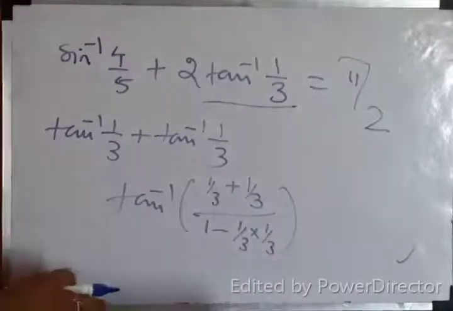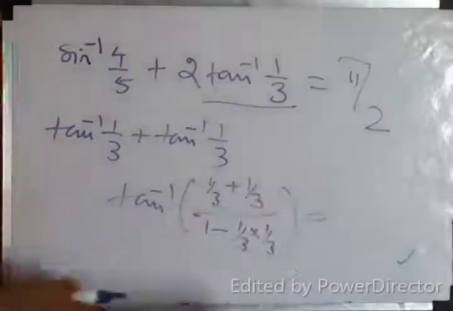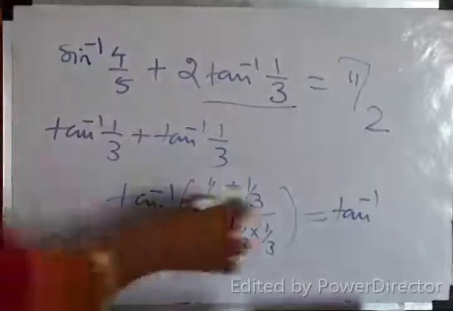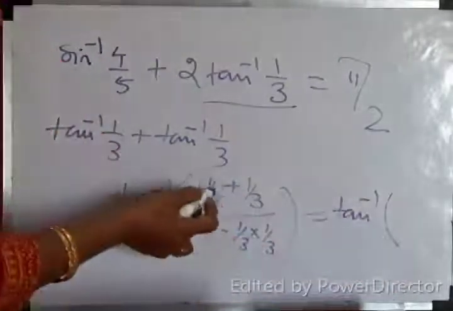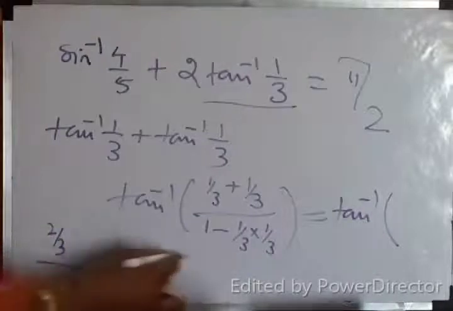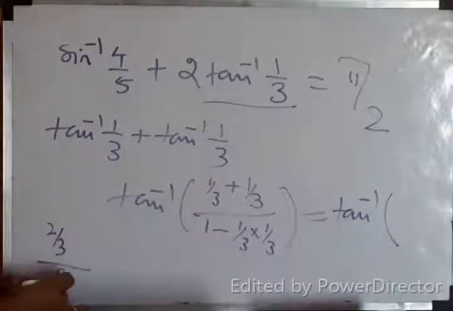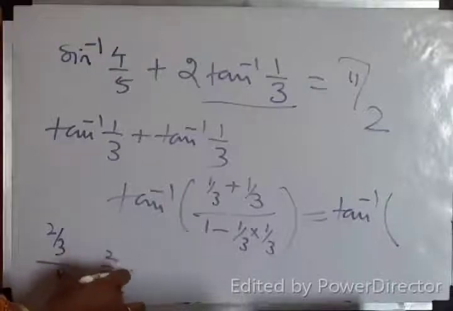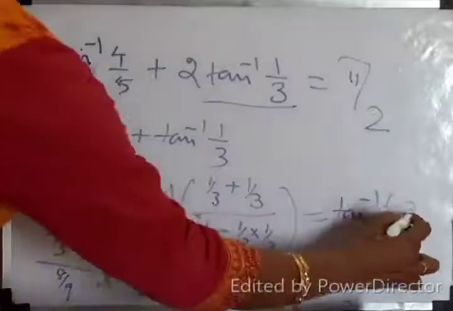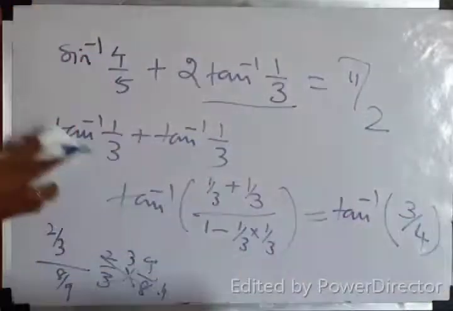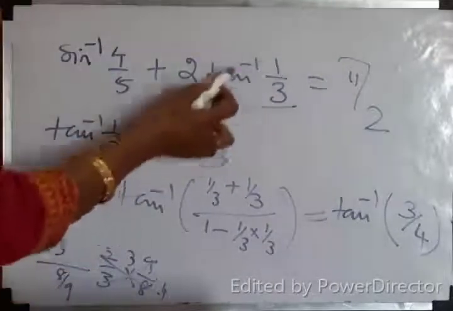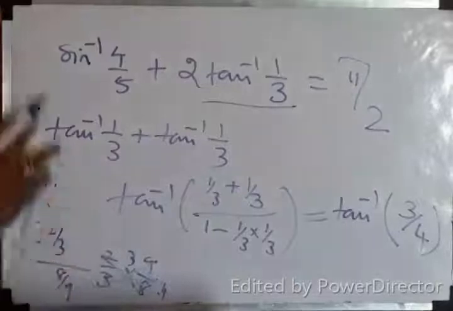We finished this problem many times, isn't it? So you will get tan inverse of 2 by 3 by 9 minus 1, 8 by 9. So 2 by 3 into 9 by 8, cut it off, 3 by 4.